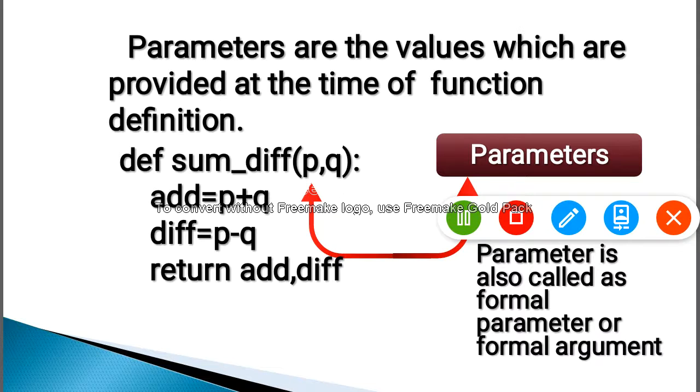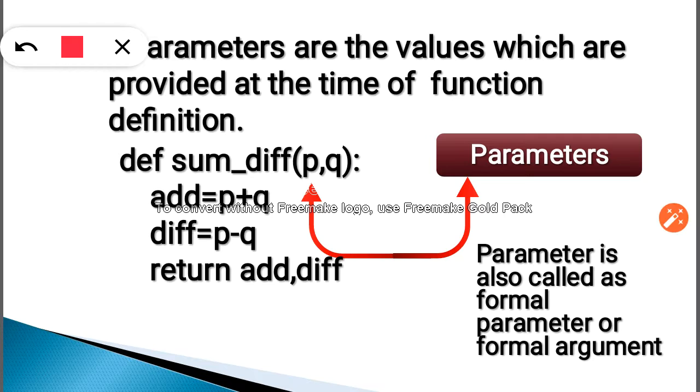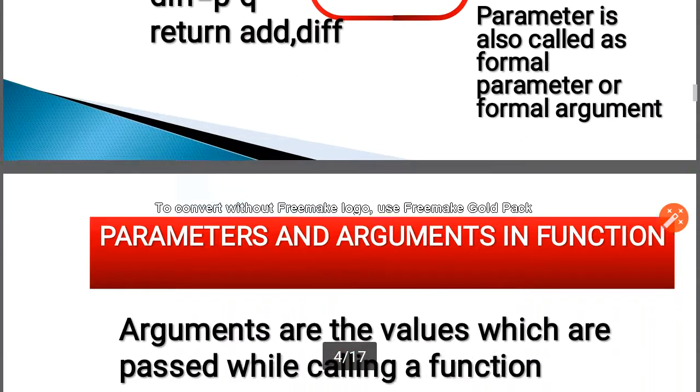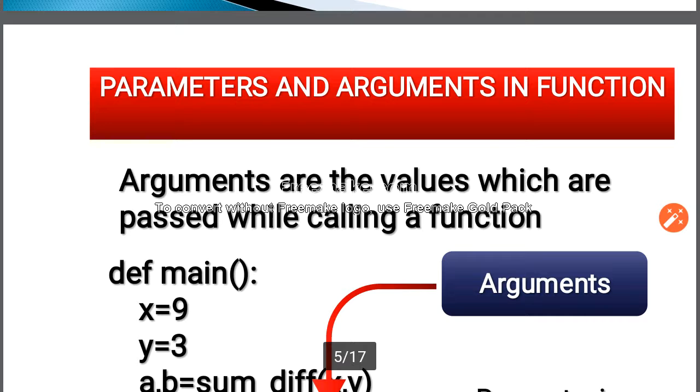Over here you can use a bracket, so return (add, def) should be in brackets. After this, we have got parameters and arguments in functions.